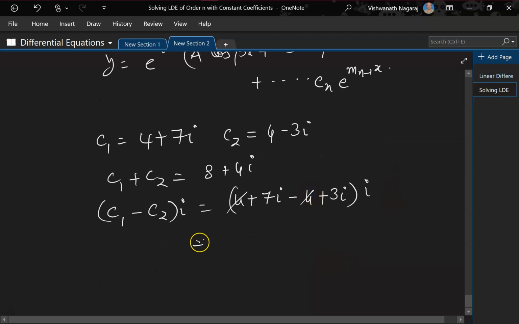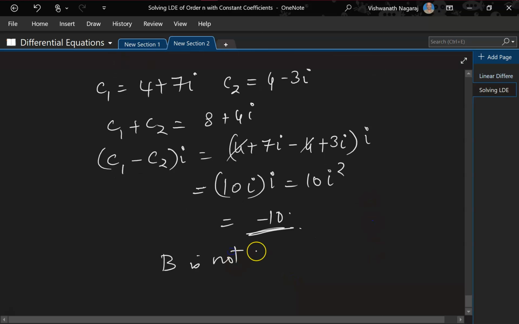So 4 and 4 get cancelled. 7i plus 3i is 10i, times i, which is 10i squared, which is minus 10. Okay, so B is not imaginary.